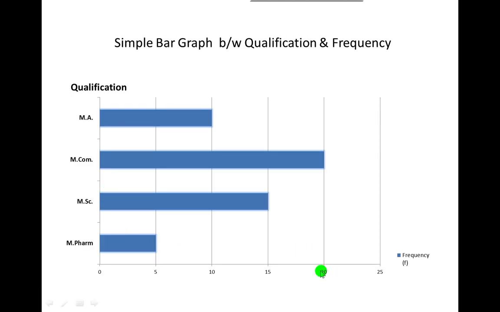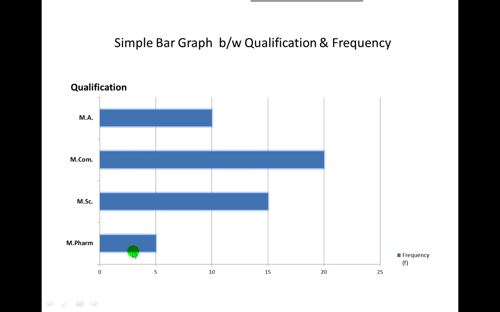Divide the area according to the requirement. Suppose this is 0, 5, 10, 15 and 20. This is the frequency, this is the y-axis. And you have 4 categories: MPharm, MSc, MCom, MA.